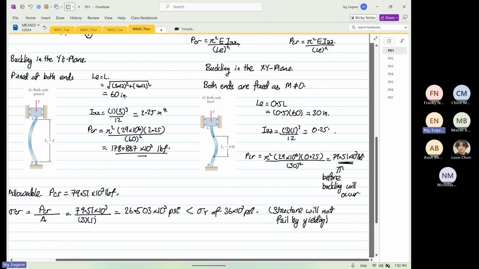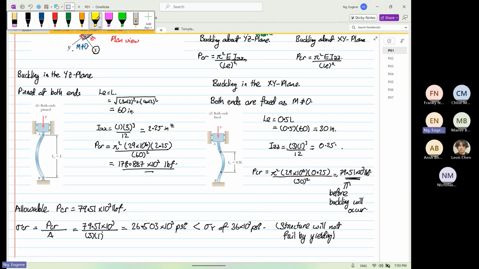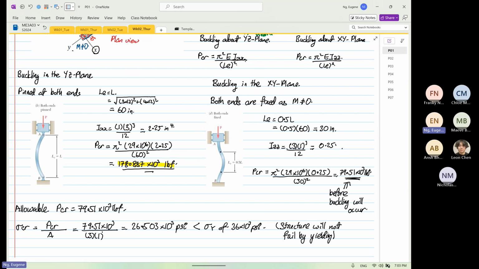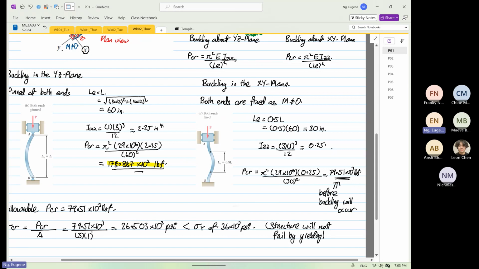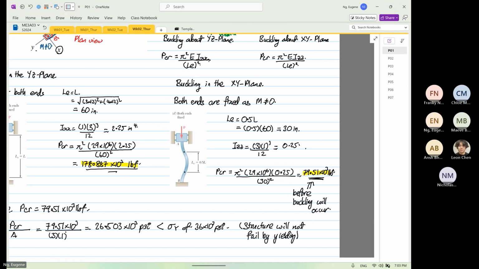And then when we formulate everything, we realize that the critical load for the XY plane, which we have calculated, was 178.887 times 10 to the power 3 pound force. Whereas in the YZ plane, it is sitting at 79.51 times 10 to the power 3 pound force.